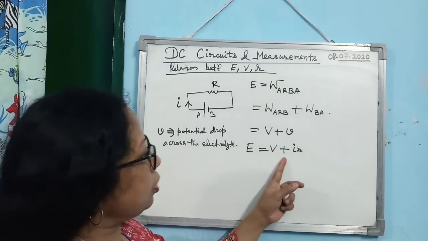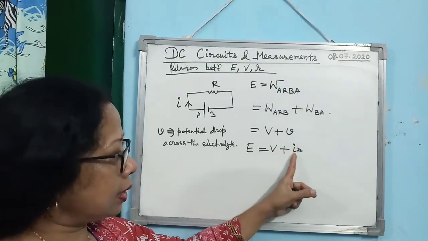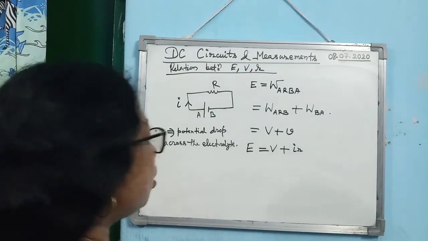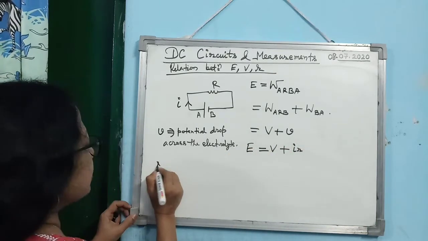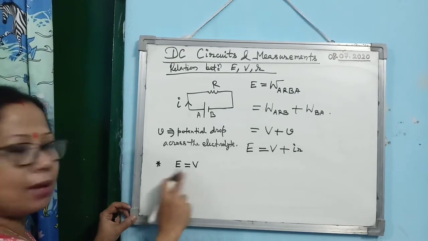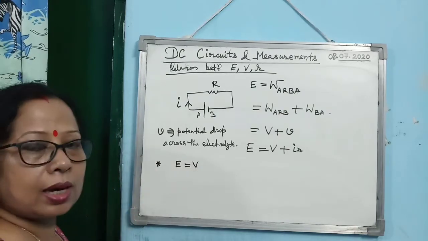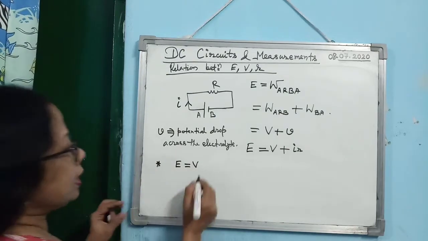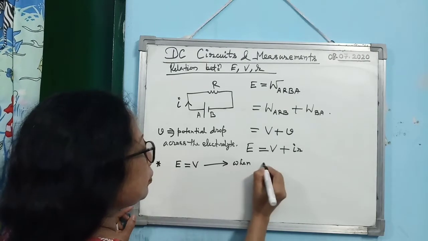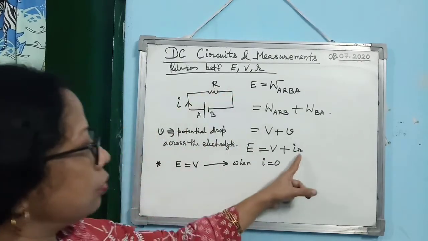EMF is equal to the potential difference across the cell plus the current flowing through it times the resistance. Is that clear? From this relation it is clear that EMF will be equal to the terminal PD when I is 0, when no current is passing through the circuit. If no current is passing through the circuit, then what will happen?